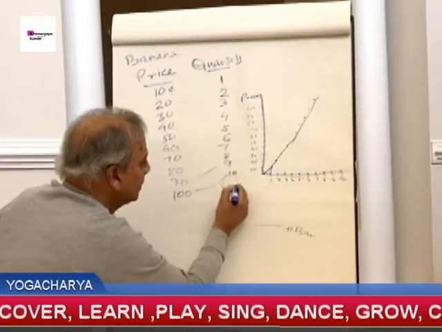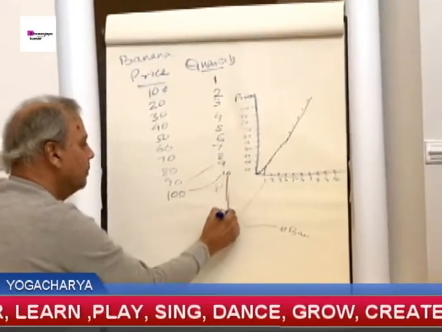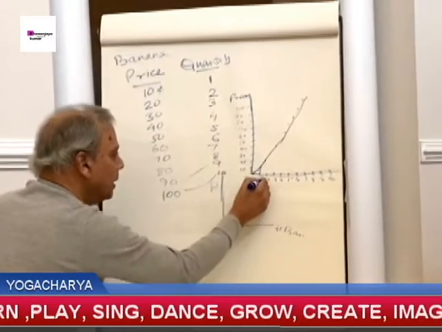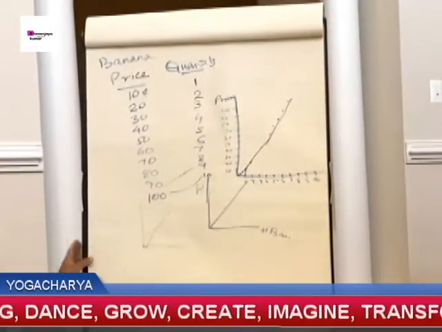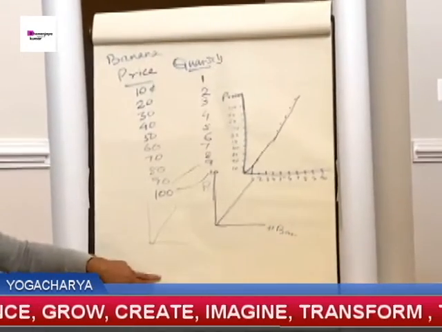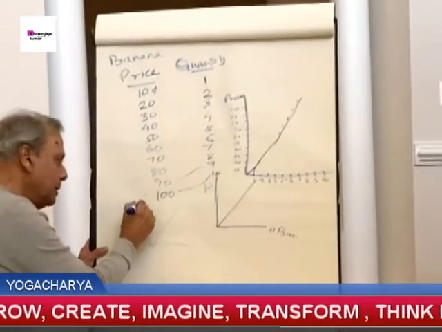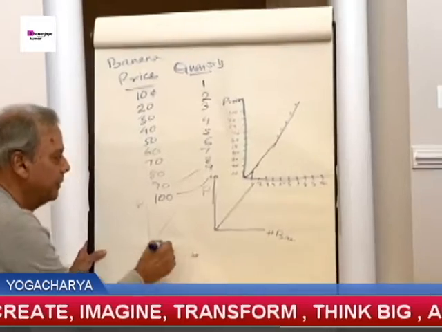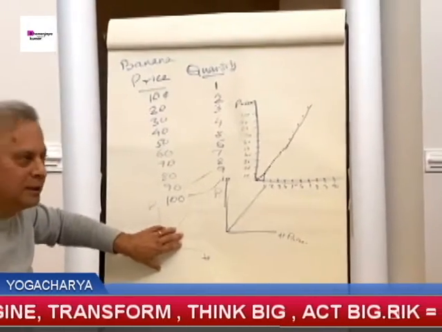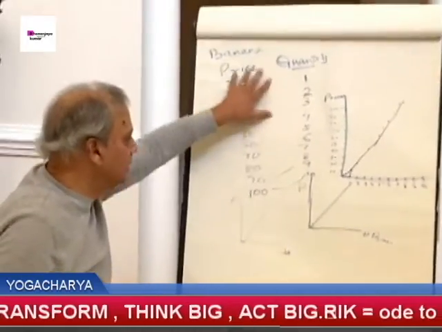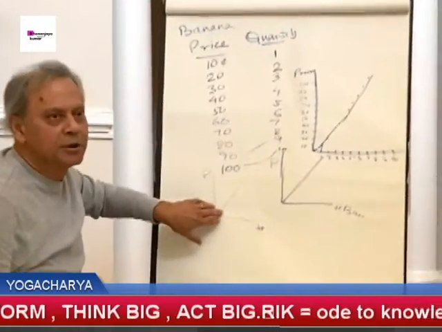This is the line. Price and number of bananas, here is price, here is number. This is the shape. Listen to me, one second. All these numbers are in this shape.